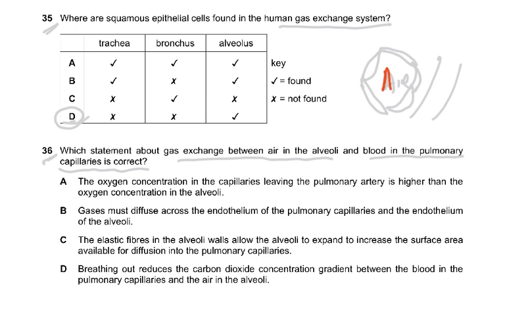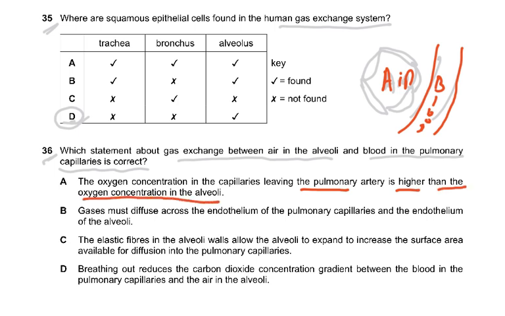So, this is the air in the alveolus and then this is the blood in the capillaries, and this is the capillary surrounding it. The oxygen concentration in the capillaries leaving the pulmonary artery is higher than the oxygen concentration in the alveoli. Gases must diffuse across the endothelium of the pulmonary capillaries and the endothelium of the alveoli.